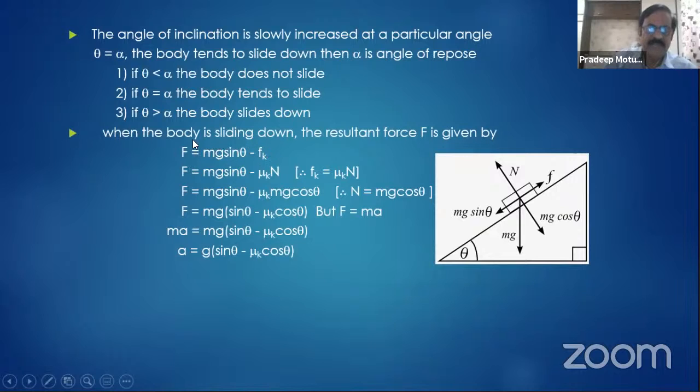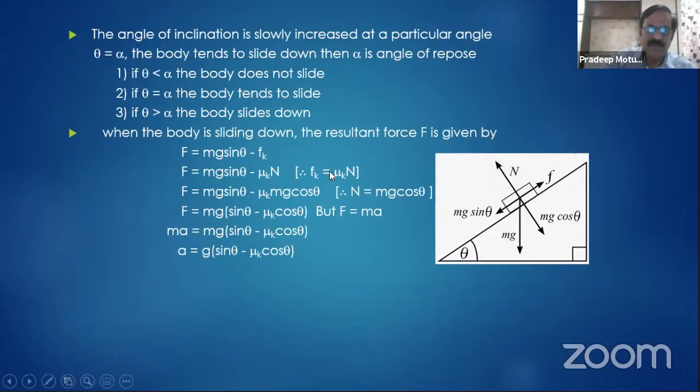So try to understand this equation now. F is equal to mg sin theta minus Fk. Because this mg sin theta is more, the body is ready to move. So mg sin theta minus Fk.